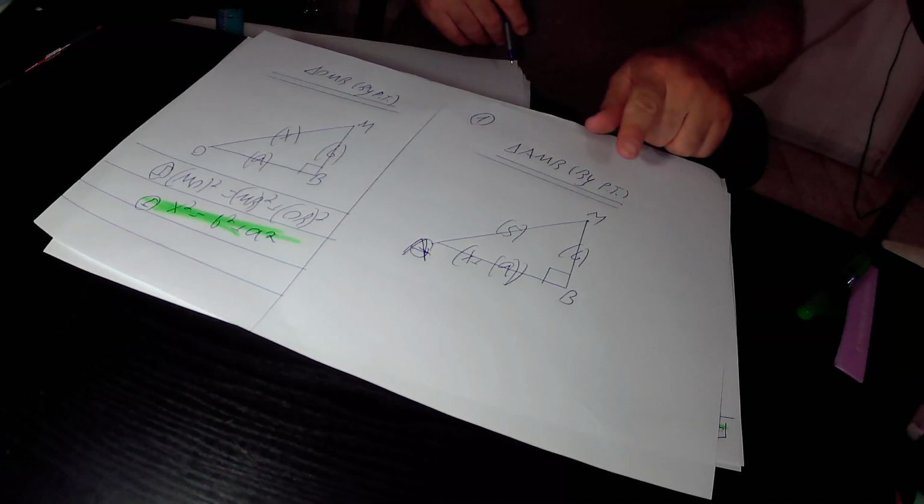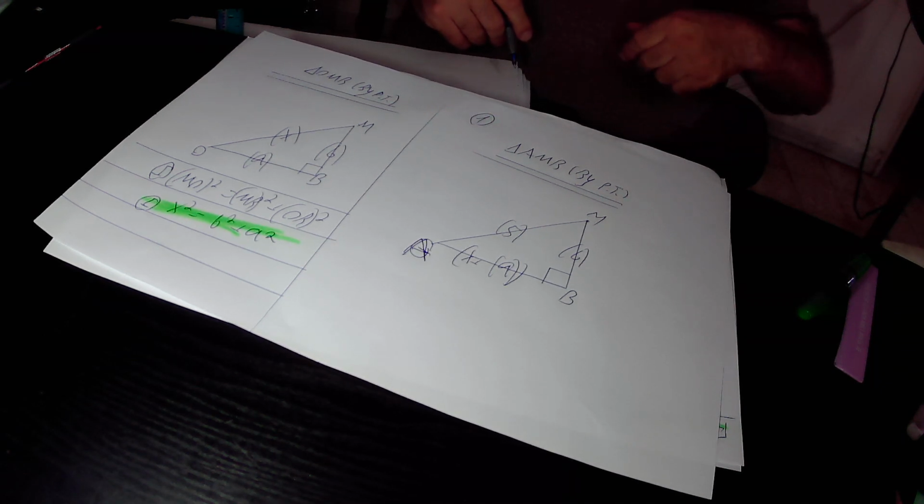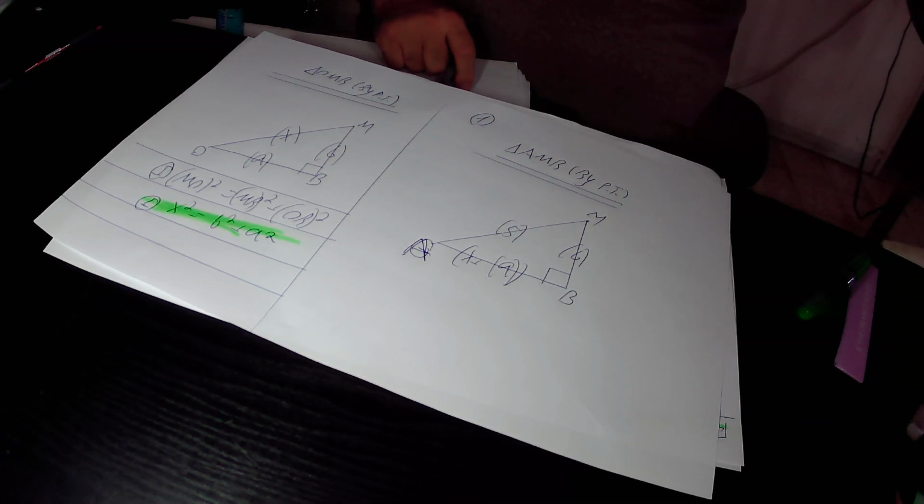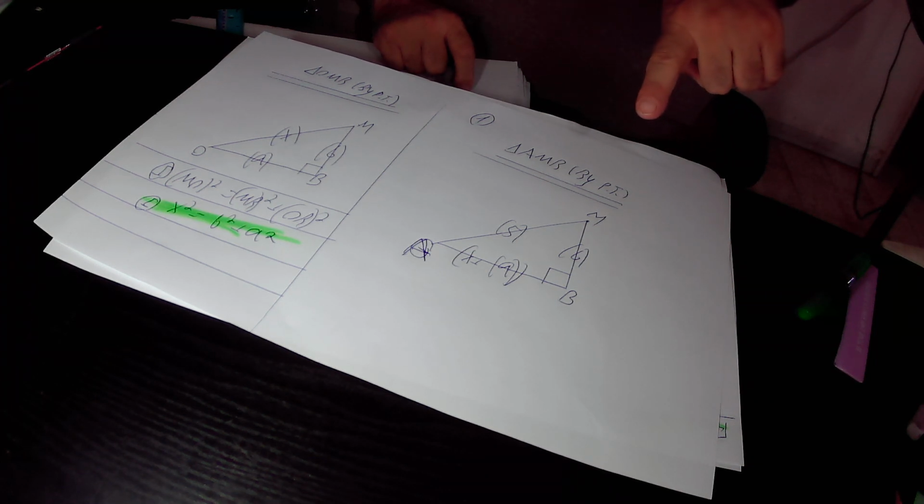So this is the big right triangle AMB coming from the original drawing. According to the Pythagoras theorem, in this triangle, MA square equals MB square plus BA square. Again, MA square, the square of the hypotenuse, equals MB square plus BA square.